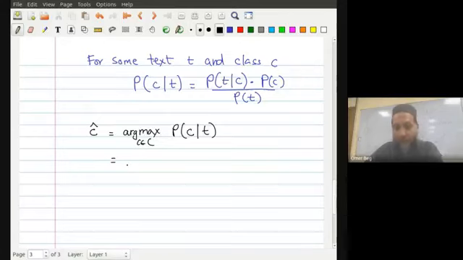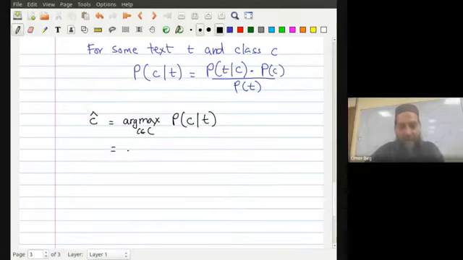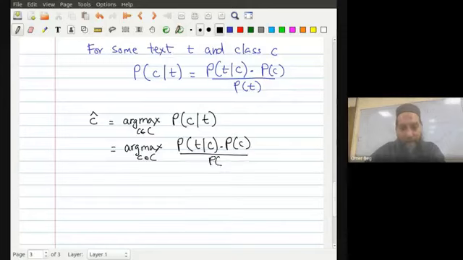Then we are going to simplify this equation using the Bayes rule, as I said above. So we use argmax over the set of classes and apply Bayes rule: the probability of this text T given the class C, the probability of C, and the probability of the text.